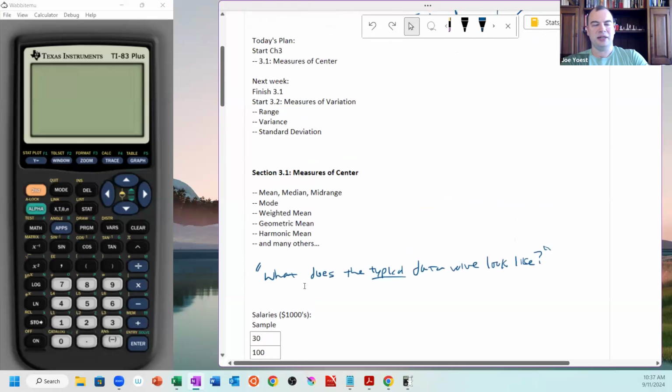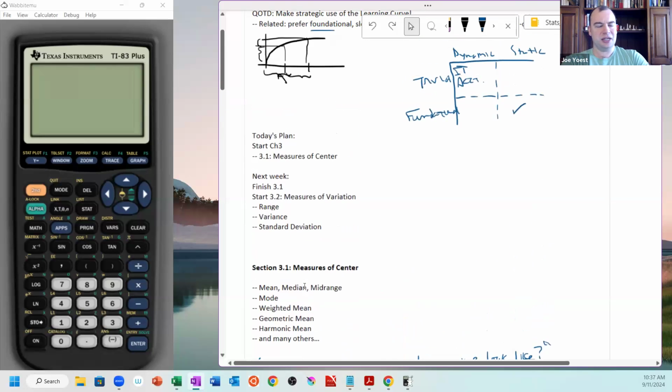One note on chapter 3, I did mention it last class as a tangential comment, but in chapter 3, because we're going to be doing more computation, and we talked about this when we went through Excel, you can sometimes lean on Excel for the heavier number crunching.